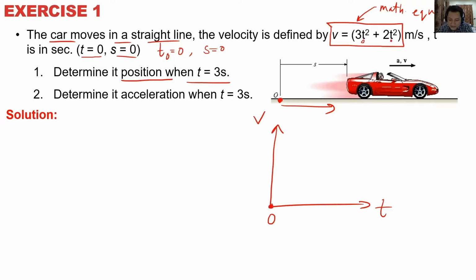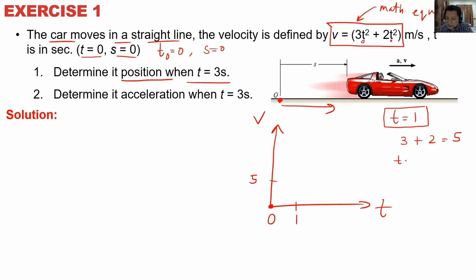If you plug in when time is equal to 1, what do you get? 3 plus 2, right. Let's say time equals 1. You're going to get, yeah, the velocity will be 5. So at 1, velocity becomes 5.